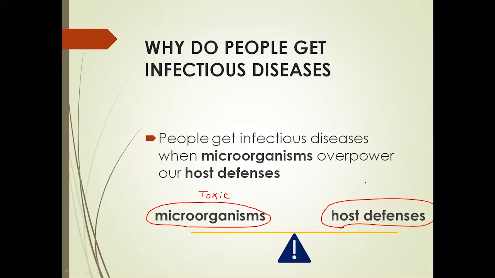In other words, in TCM, we talk about how strong the body's defending qi, 正气, is and how strong the toxins are. If the body's 正气 is stronger, people will not get ill. If the toxin is more powerful against the body, people will get ill.